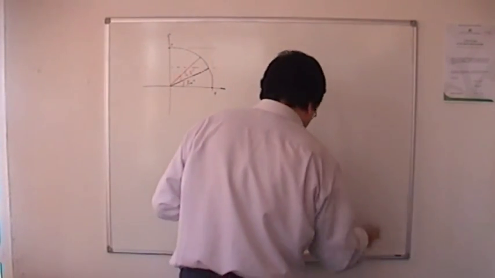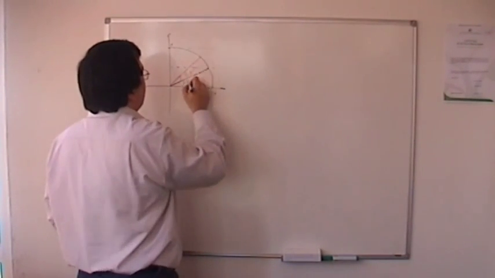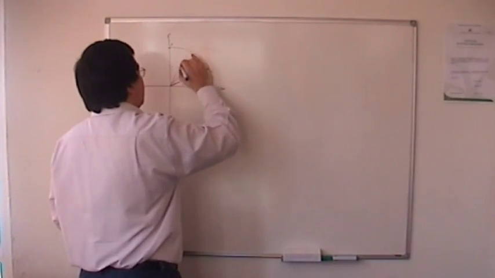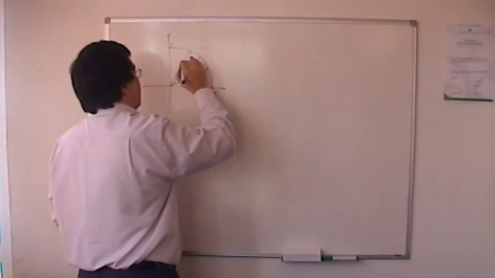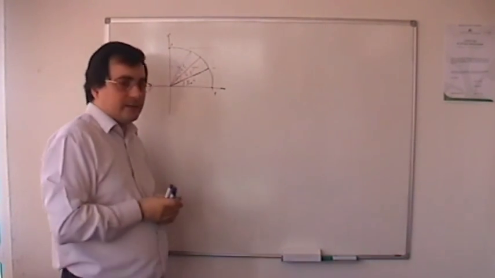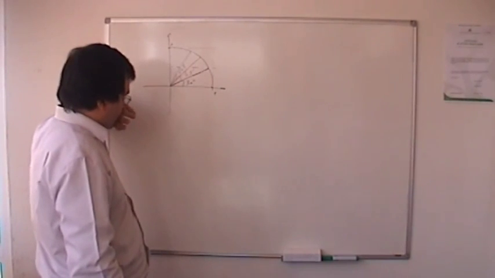Finally, the other angle will be 60 degrees. So we have here three nice angles of 30, 45 and 60 degrees.